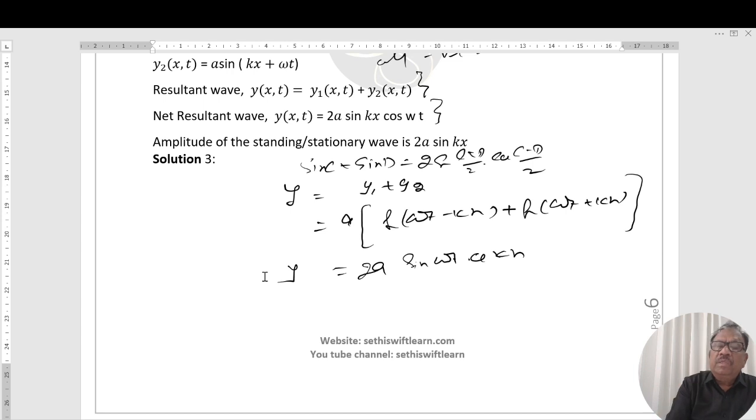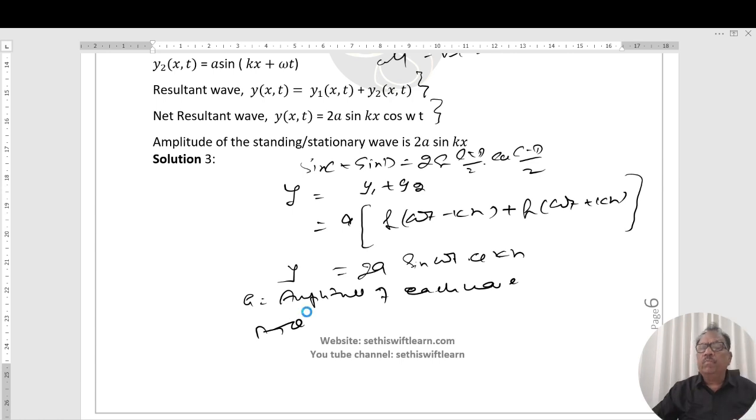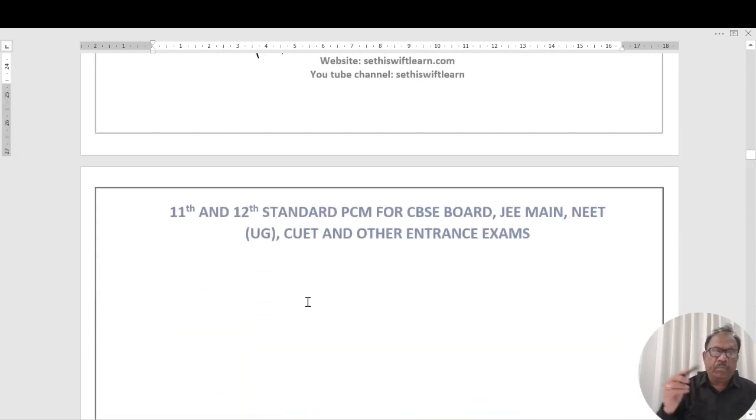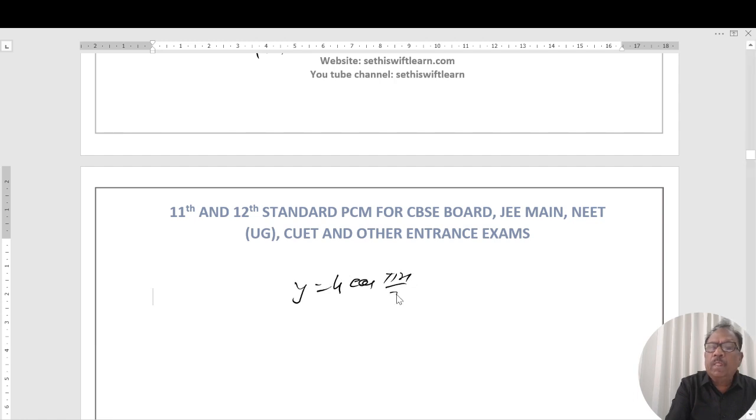Now, what is A? A is the amplitude of each wave. Now, according to the question, what is given to you? y equals 4 cos(pi x by 3) into sin 40t.